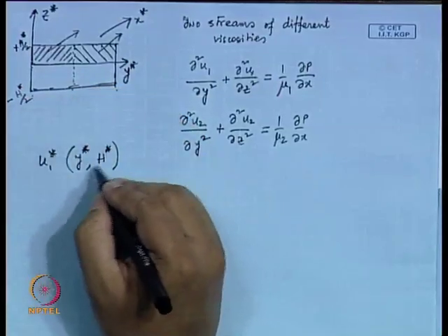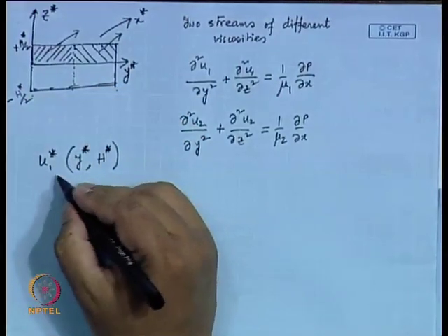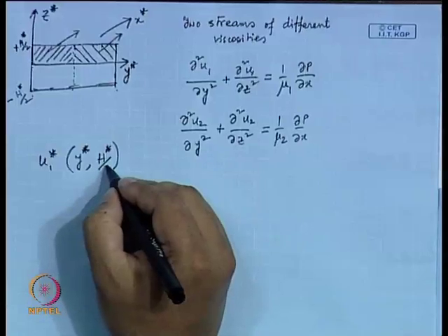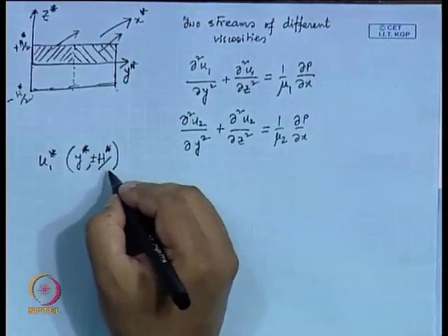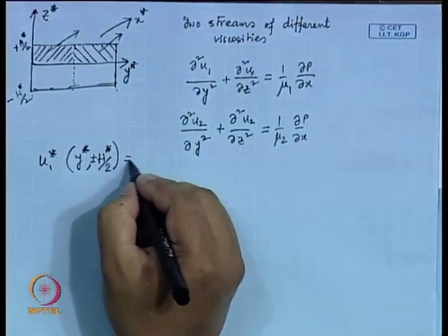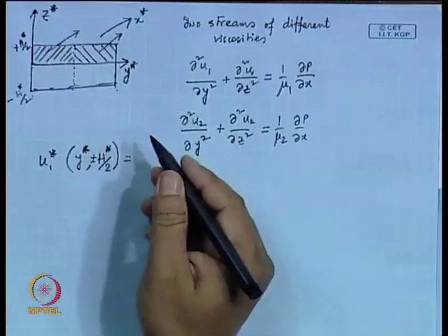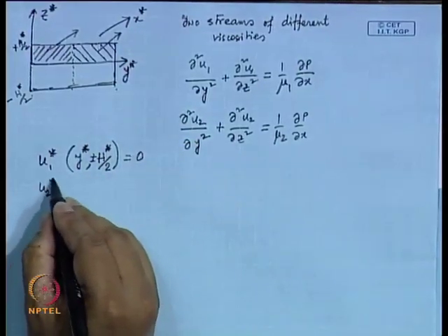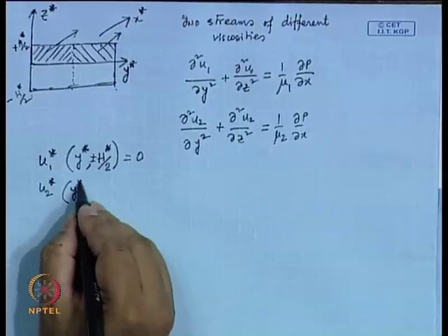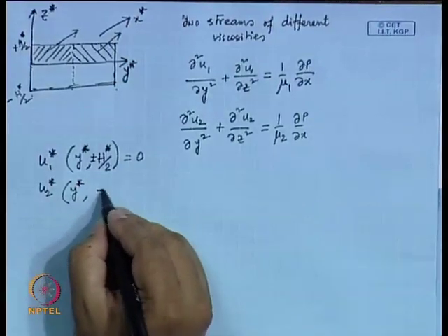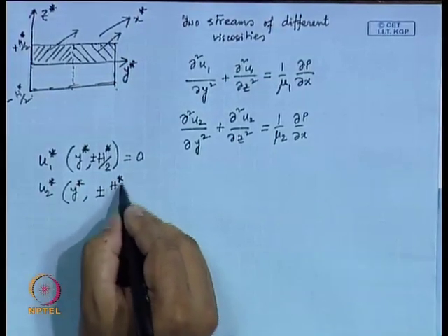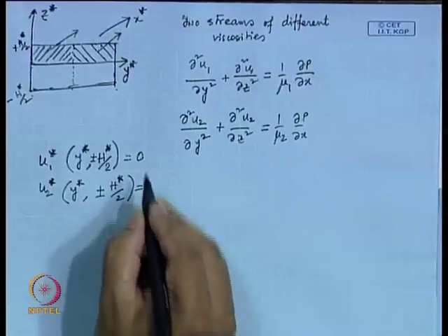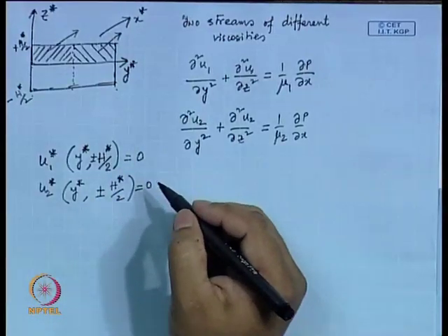So, u 1 star at y star equal to plus or minus h star by 2 would be equal to 0. Similarly, you can write u 2 star at y star equal to plus or minus h star by 2 equal to 0. So, these are the no slip boundary conditions.